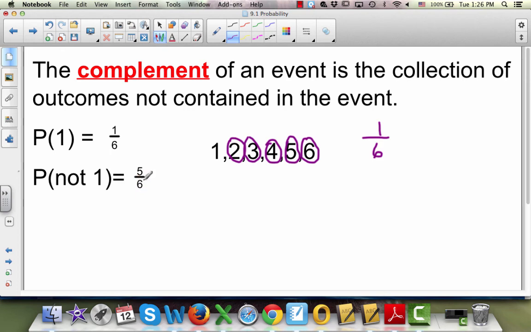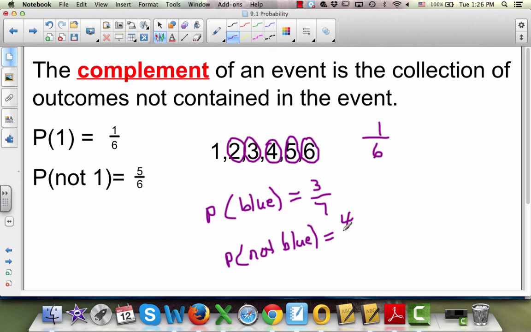Now, the probability of not a 1 is 5/6. What's the complement of that? Yes, 1/6. If I tell you the probability of blue is equal to 3/7, what would be the probability of not blue?